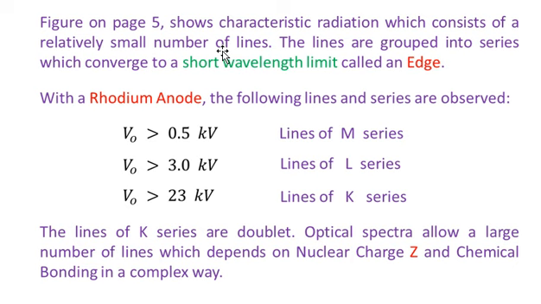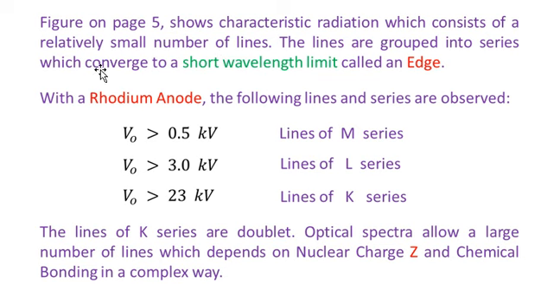Similarly, RU alpha, RU beta, and so on. So these were few in number because the energy of the electrons was not very high. The maximum energy in those spectra was of the order of 40 kilo electron volt. But if we had plotted the spectrum with the electron energy of the order of, for example, 100 kilo electron volt, then you would see that many more lines would be evident.